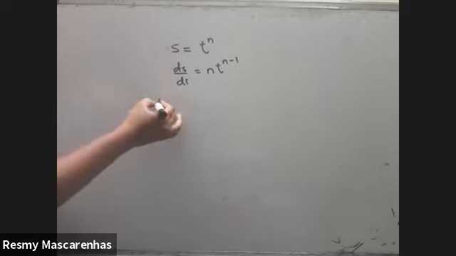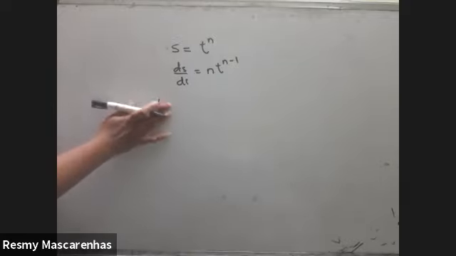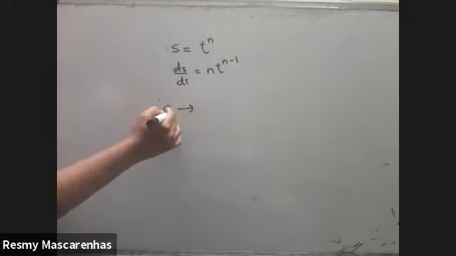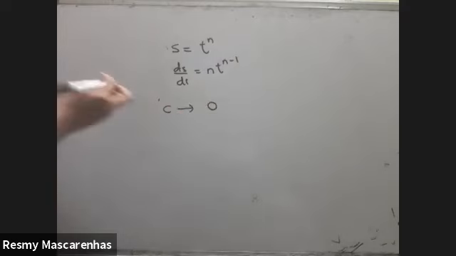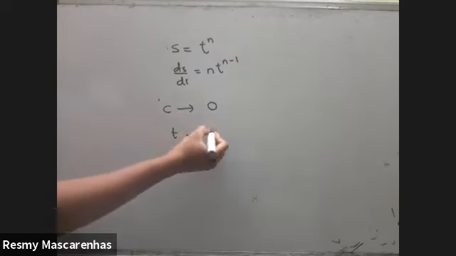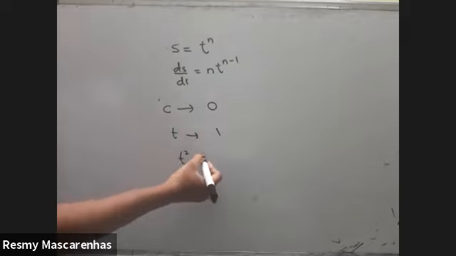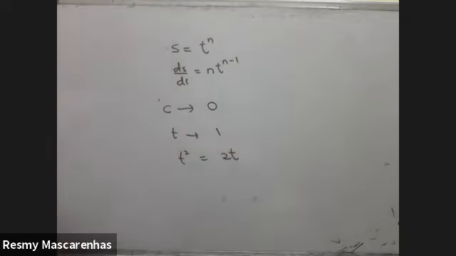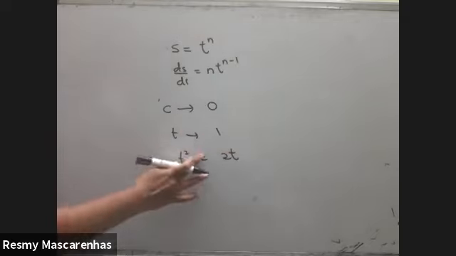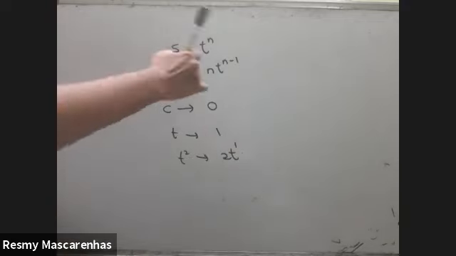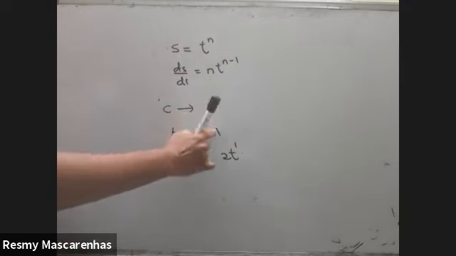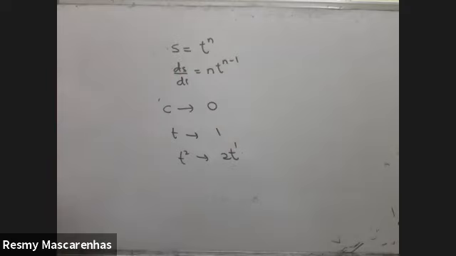Then we know straight away certain things I told you to directly remember. Derivative of any pure constant is 0. And derivative of t is always 1. Derivative of t square is always 2t. Or you can remember by this formula. But these you directly remember: derivative of a constant is 0 and derivative of t is 1.